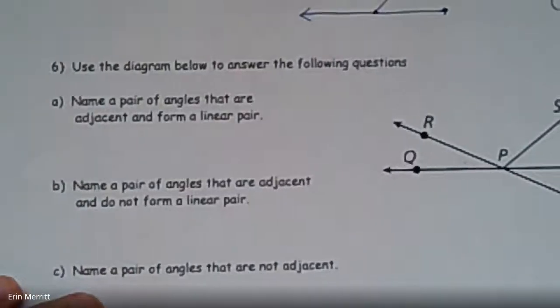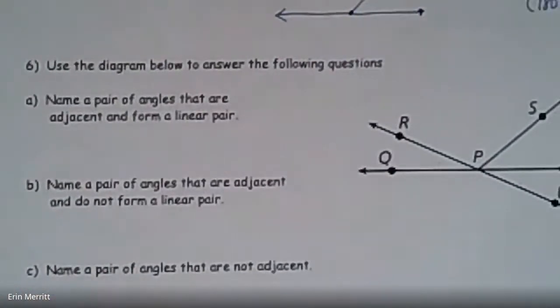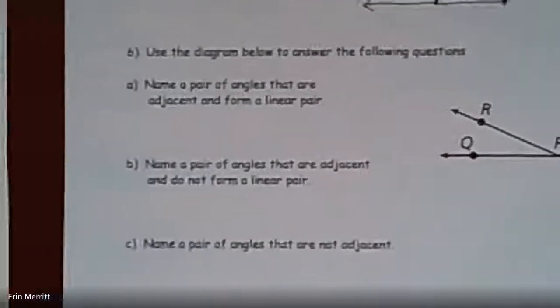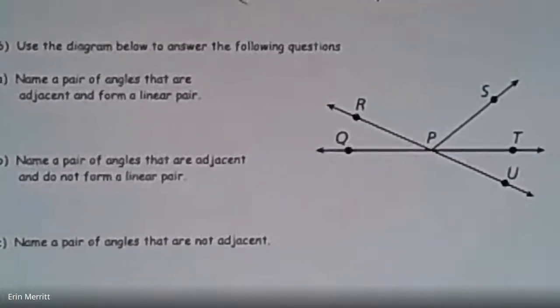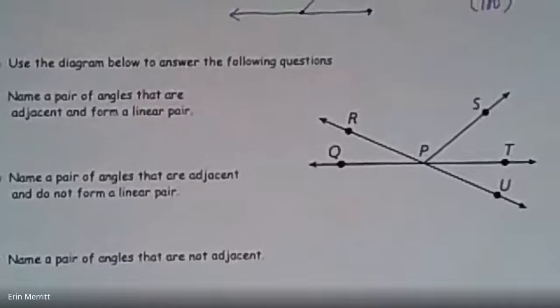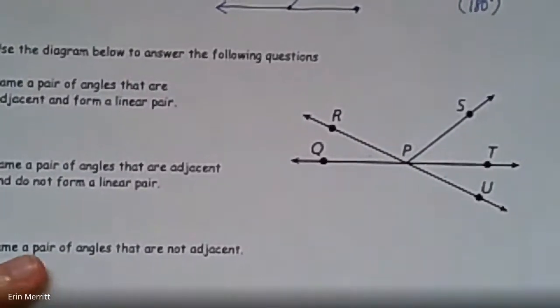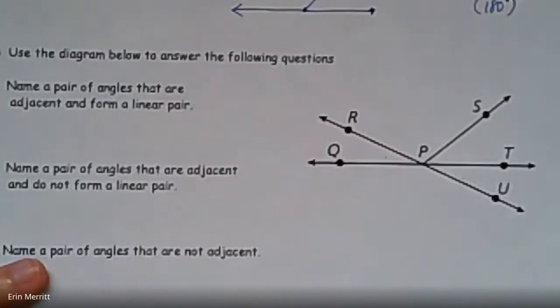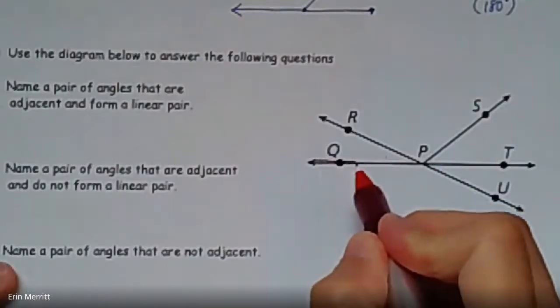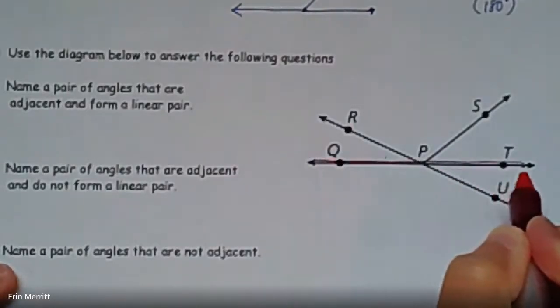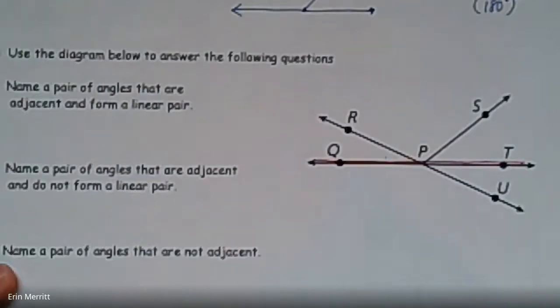Let's see if I can zoom in just a touch. There we go. All right. So it says, use the diagram to answer the following. Name a pair of adjacent angles that are adjacent and form a linear pair. So know that there's a lot of answers you could go with here. So one thing that sometimes helps is to trace your pen or pencil along one straight line and then look and see, okay, what are 2 angles that if I put them together would create that line?